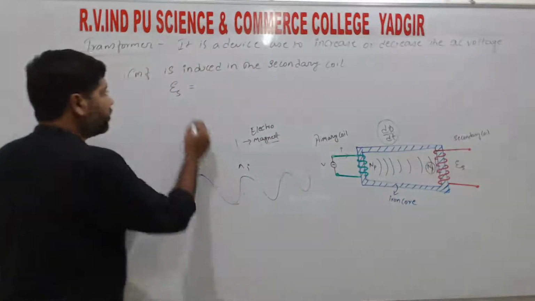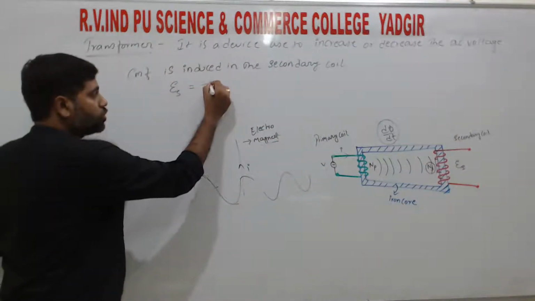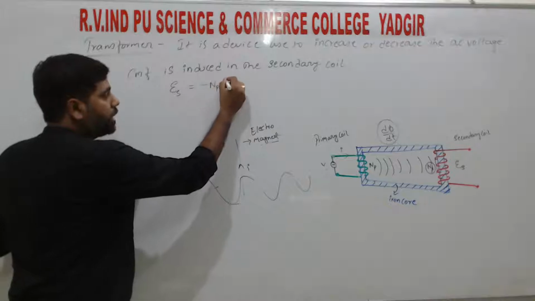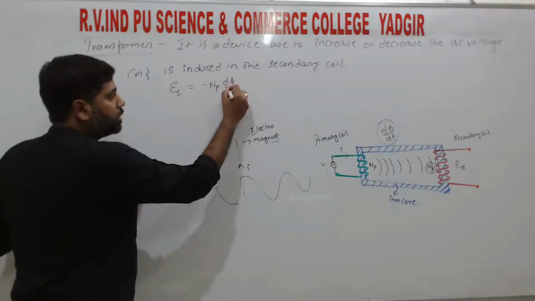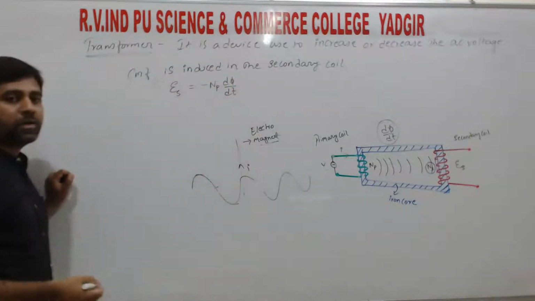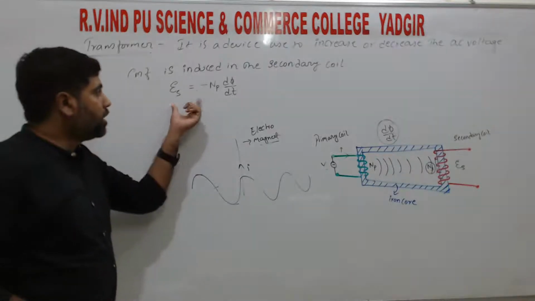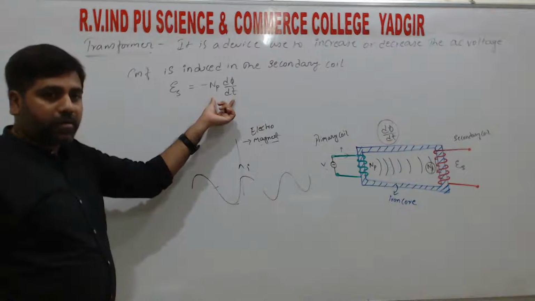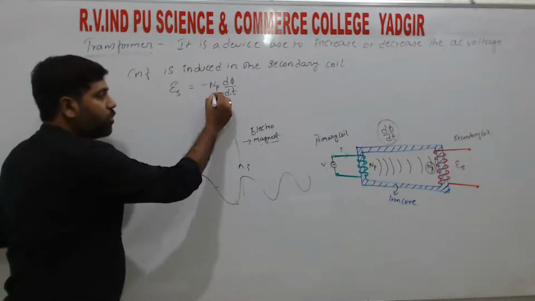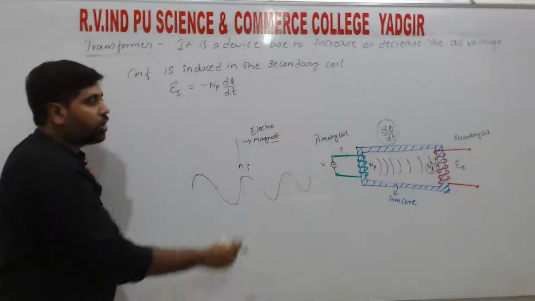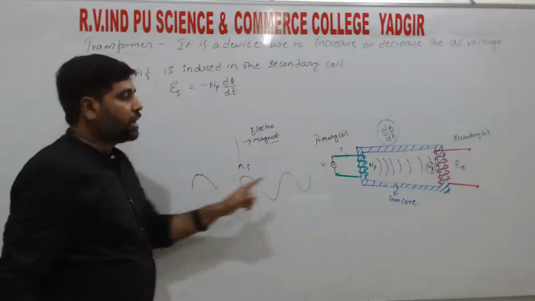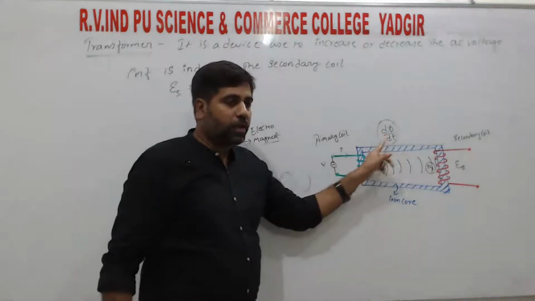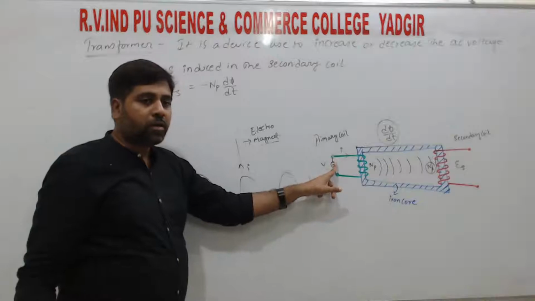So from this we can write the relation ES = -NP dφ/dt, right? This is the mathematical relation to get the EMF in an inductor, where N is the number of turns in the coil and dφ/dt is the rate of change of flux, because we are supplying the alternating voltage.